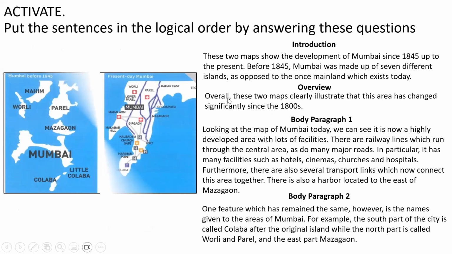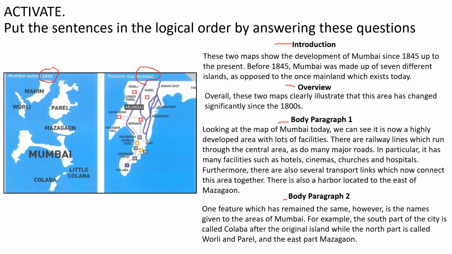And this is the map, okay? So this is a map of Mumbai before 1845 and the present day Mumbai, right? So here it says we follow the same structure: the introduction, overview, body paragraph one, and body paragraph two.